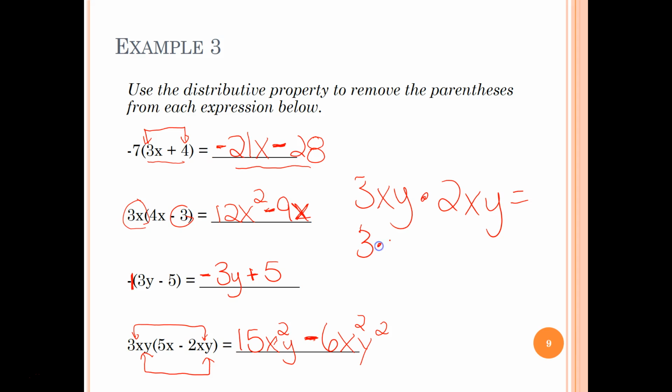Notice that we can put the numbers together and we can put the variables together. I just rearranged this and we're able to do that since multiplication is commutative. Here you can see your 6, x times x is x squared, and y times y is y squared.